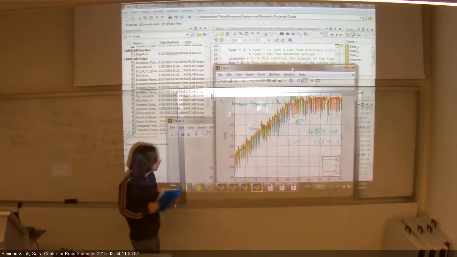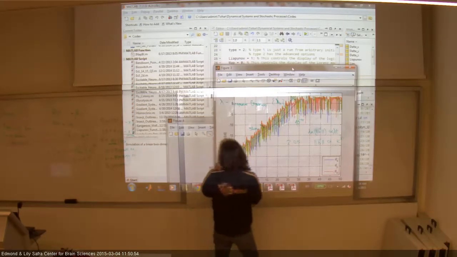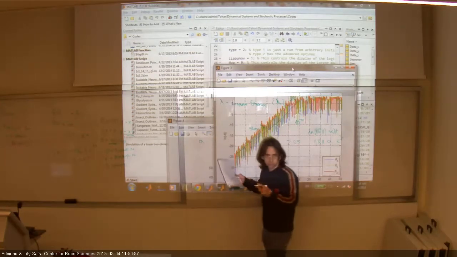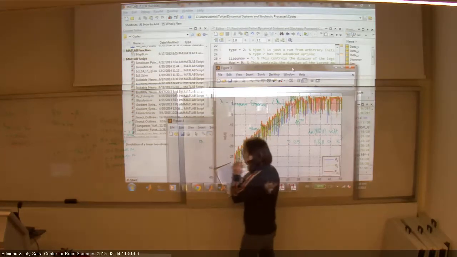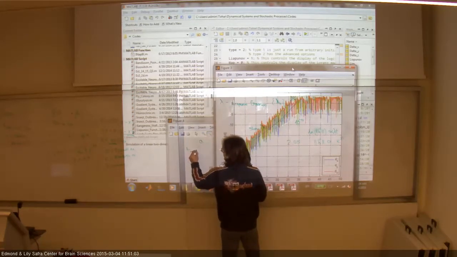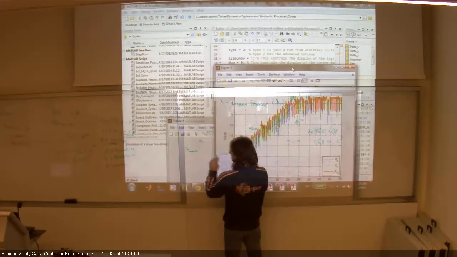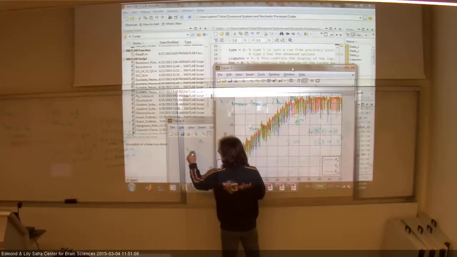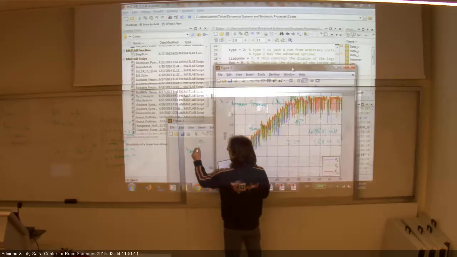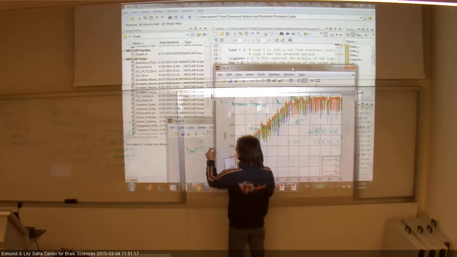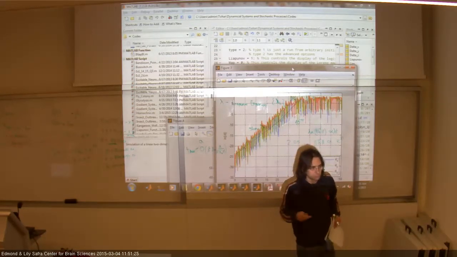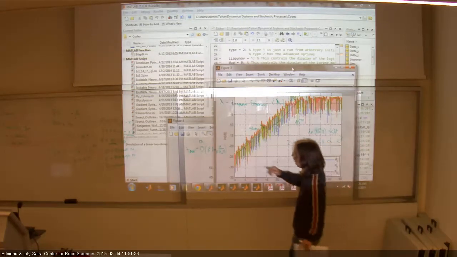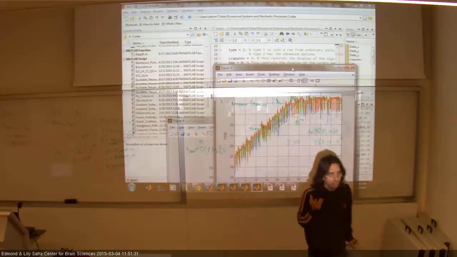And say we are willing to tolerate some error A, okay, then the time horizon will be of the order of 1 over lambda times the logarithm of A over delta 0. Say delta 0 is 10 to the minus 15, and A is 10 to the minus 1.